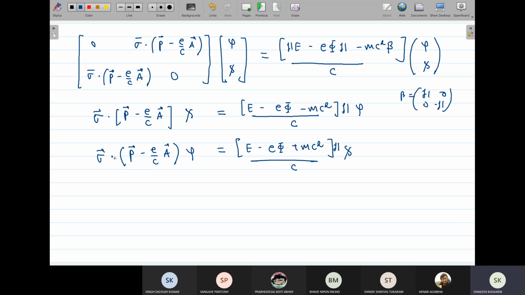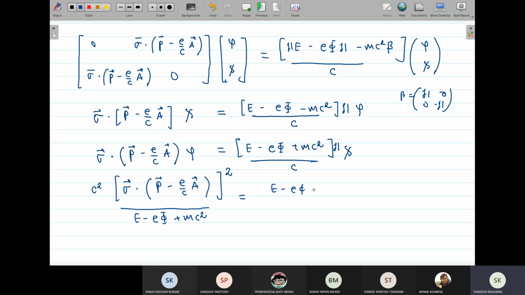Then I will take this c here, so I will get c square times sigma dot p minus e by c a, squared, divided by e minus e phi plus mc square, equal to e minus e phi minus mc square phi.